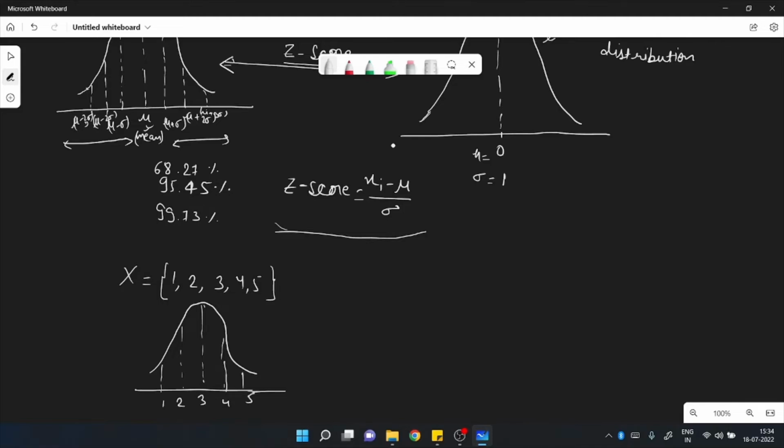Okay, this one will be 5. Now if I want to convert this into a standard normal distribution, just try to understand here. Okay, so this is very important.